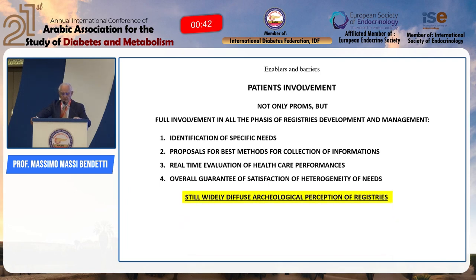There is still a diffuse archaic perception of registries, and there is a need for a matrix to define why, who, and how to involve the patient in the set-up and management of a registry.